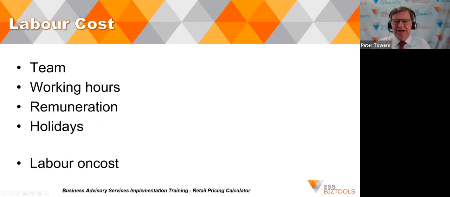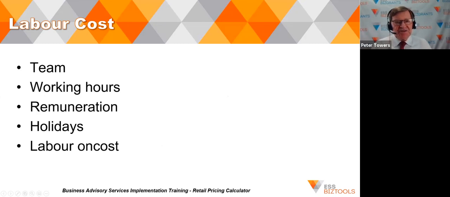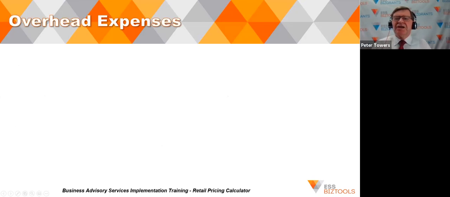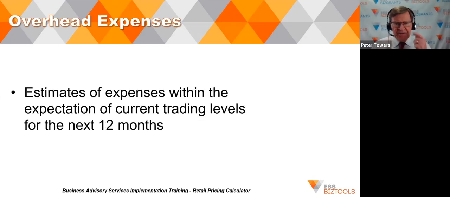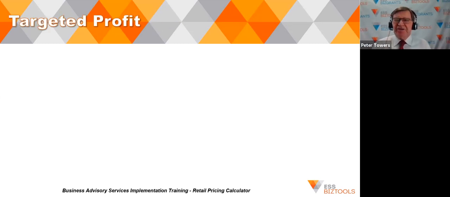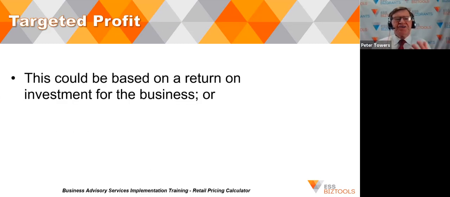What are their holiday arrangements, their labour on-costs, superannuation, any other penalty payments? We need to look at the overhead expenses. What are they going to be for the 12-month period? Because we're trying to set a pricing structure here so that you can help your clients set these structures. So let's look forward for 12 months. What do we think the overheads are going to be for this business? Look at the profit and loss account, of course. And what's the targeted profit?